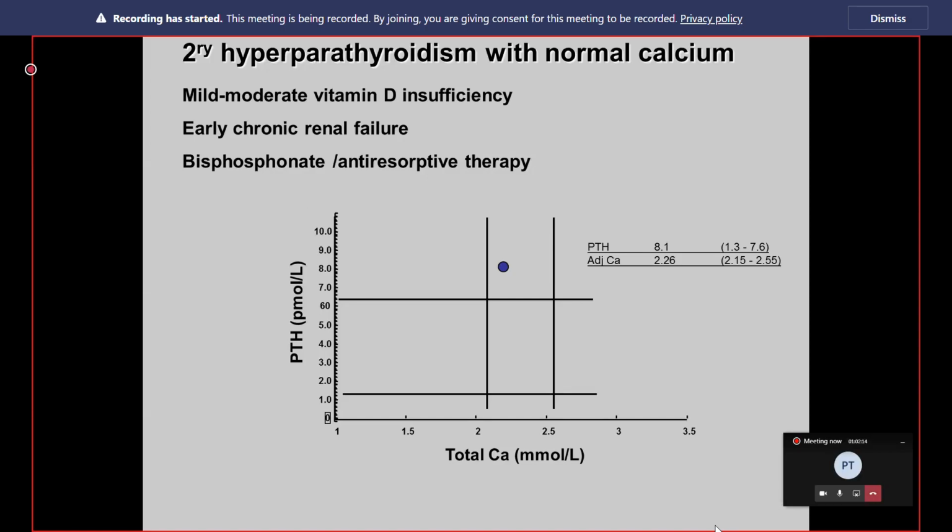So we often see patients with secondary hyperparathyroidism with normal calcium who are mildly vitamin D deficient or in early chronic renal failure, or on bisphosphonate or anti-resorptive therapy. These are some of the common causes of normocalcemic secondary hyperparathyroidism. Loop diuretic therapy is another cause of this pattern.